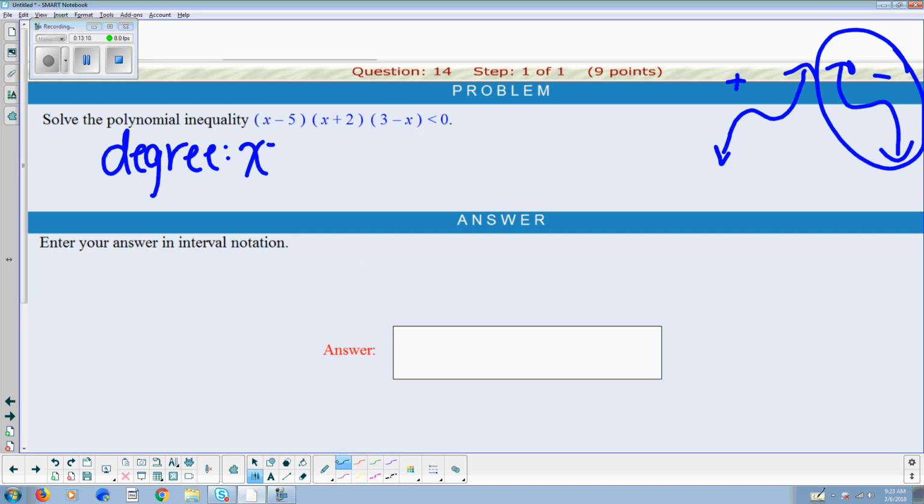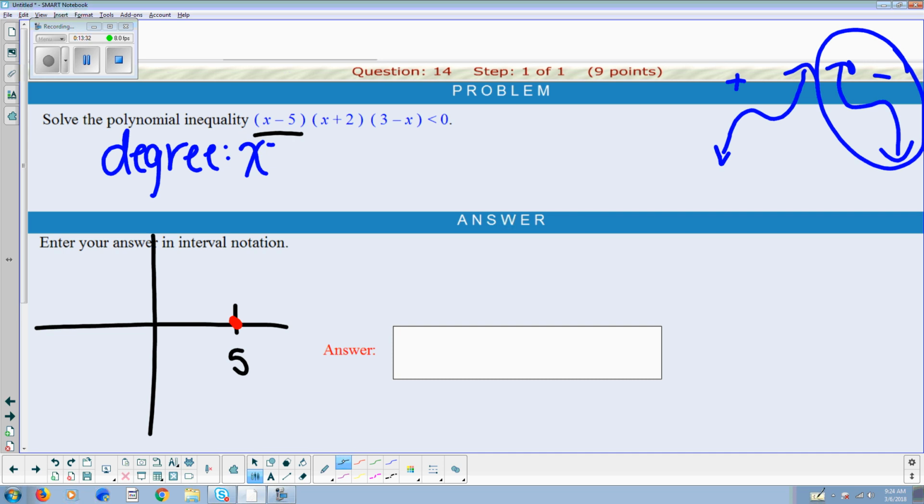So if I were to sketch an x and y axis and plot points where the zeros of this function would be, what 0 does that factor correspond to? 5. So let's say there's going to be a 0 at 5. Okay?